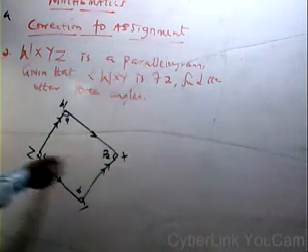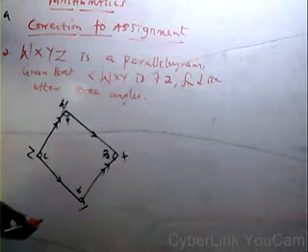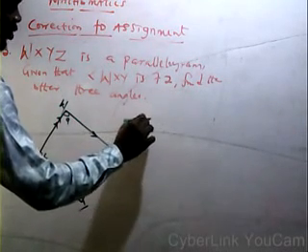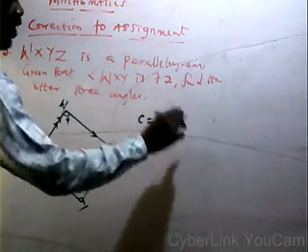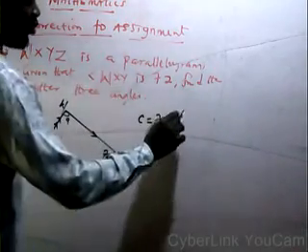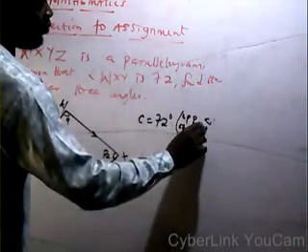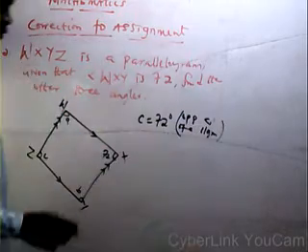Very simple. For C, we can quickly know the value of C there. Our C equals 72 degrees. Why? That is an opposite angle of a parallelogram. That one is very simple.